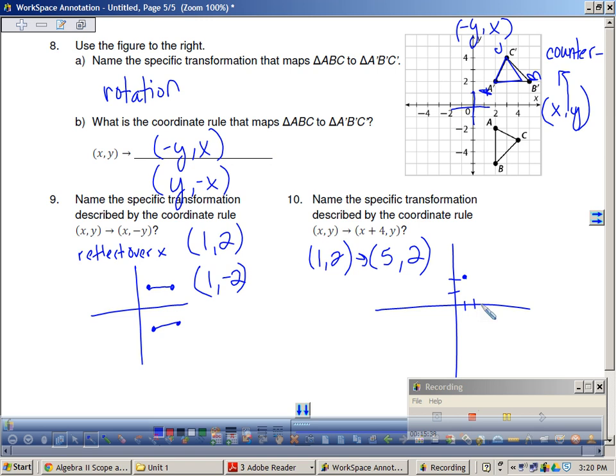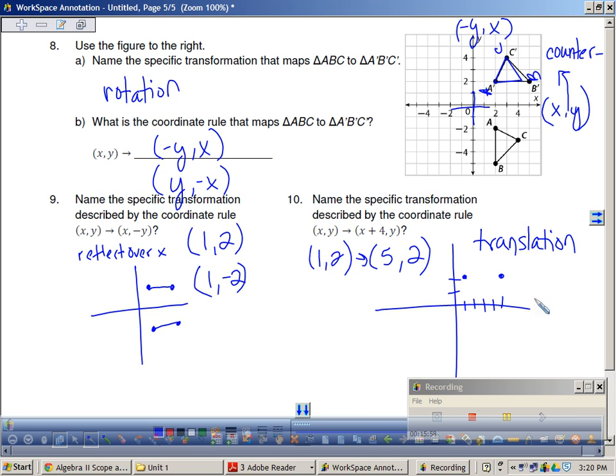So I go over 1, 2, 3, 4, 5, 2. What happened to my dot? It moved. What would we call when it just moves like that? The translation. It's sliding.